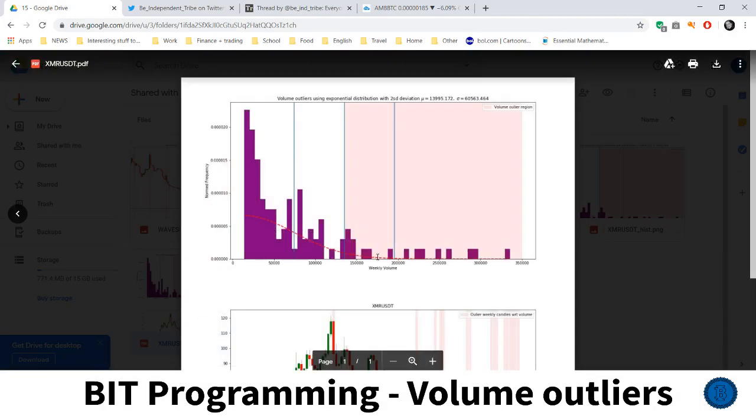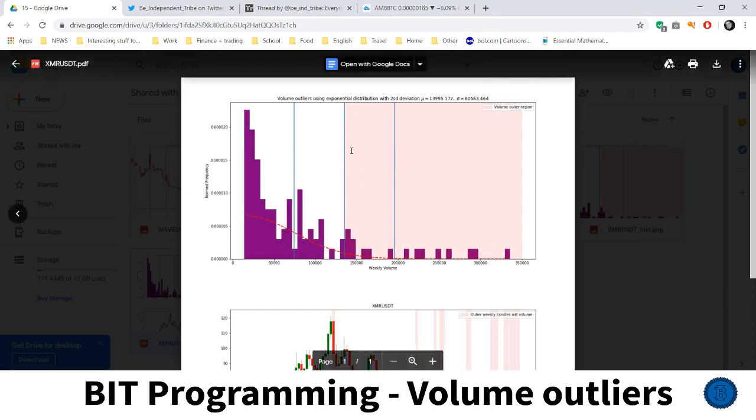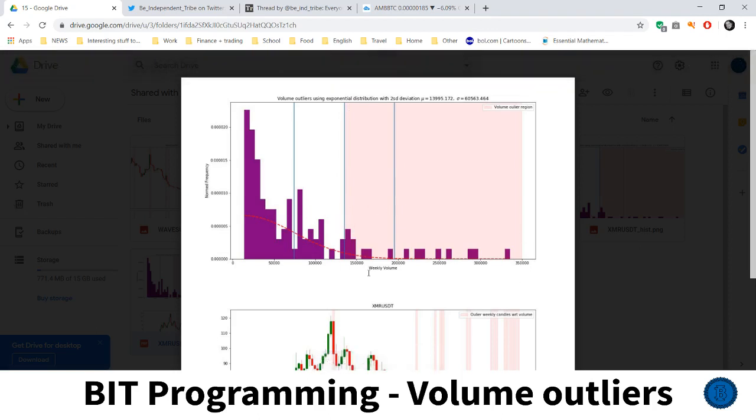This is the PDF. So you see here the two standard deviations. This is kind of the bell curve I was talking about and the statistical distribution. And then you take this first standard deviation, second standard deviation, third standard deviation, and you take it to the right of that. Those are the not average cases of volume.